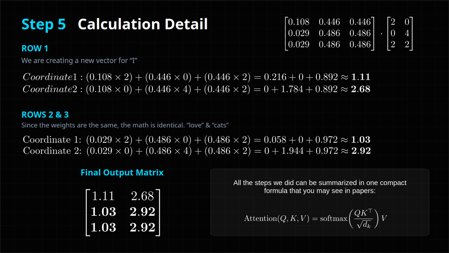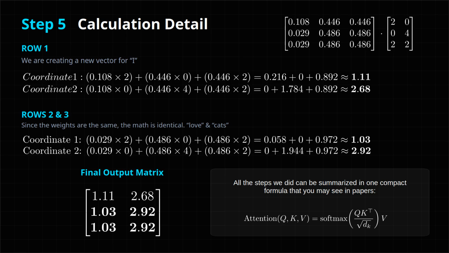For coordinate 1, we take 0.108 times the first value for I, plus 0.446 times the first value for love, plus 0.446 times the first value for cats. That gives 0.216 plus 0 plus 0.892, which adds up to about 1.11.